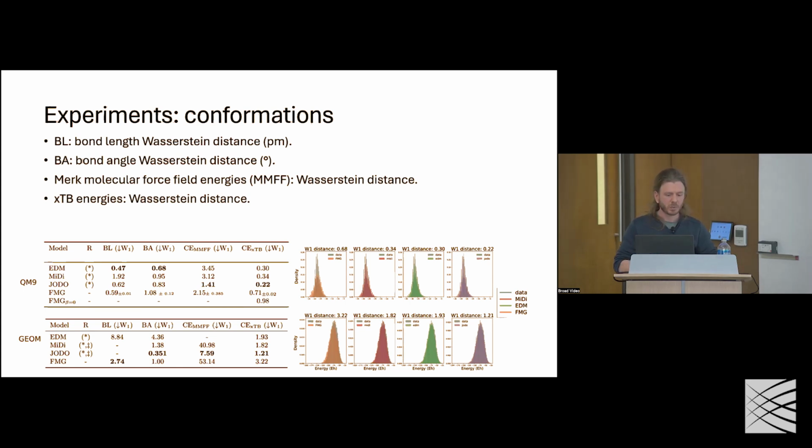So energy is computed with the same tool that has been used to optimize the conformations of the data that we are actually using for the training. So again, roughly very good conformations, given that there is no explicit modeling of the atom coordinates.